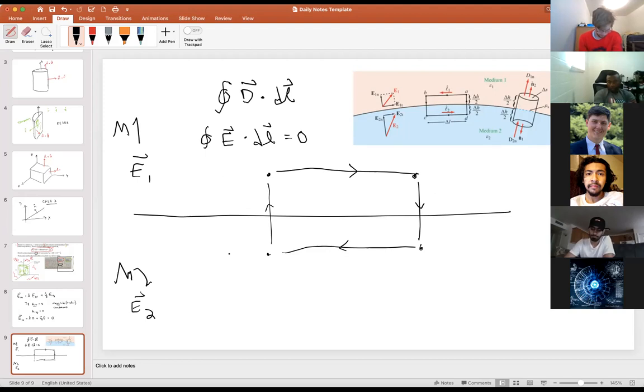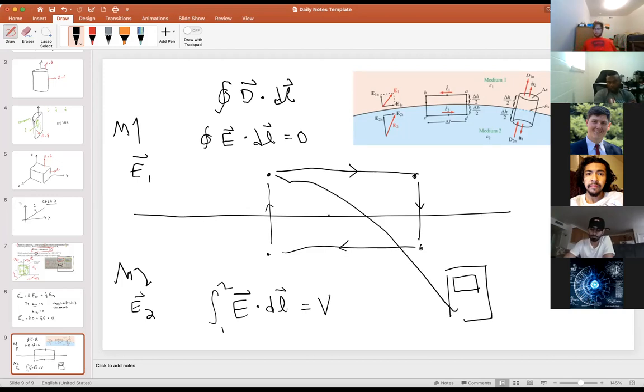That's because this integral is equal to voltage. So this is basically saying, if you have a multimeter and you put both of the probes at the same spot, the voltage will be equal to 0. If you integrate all the way around here, it will be equal to 0.